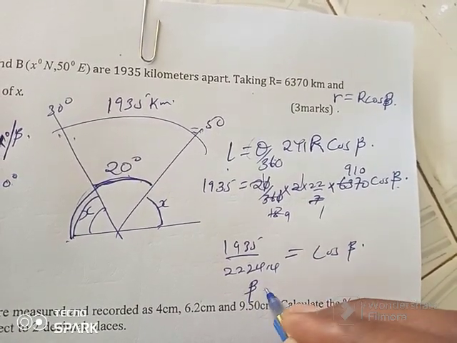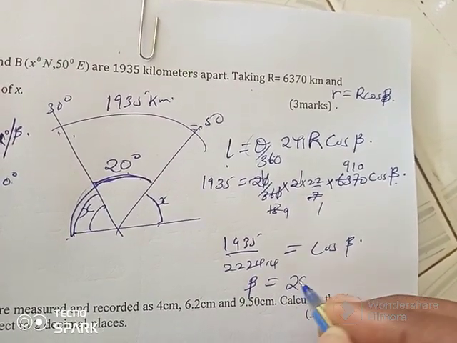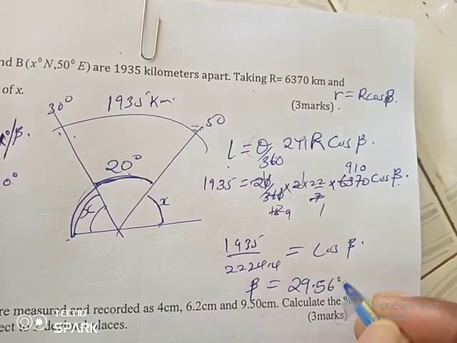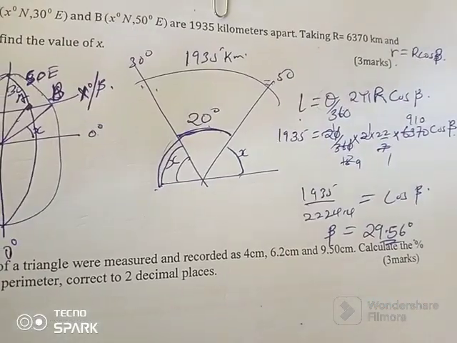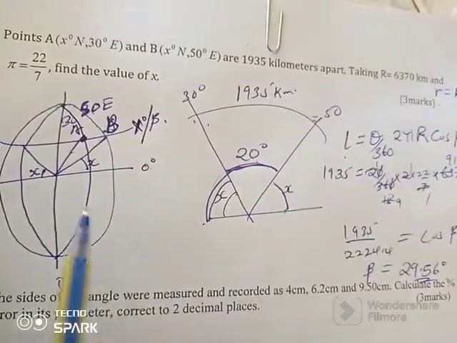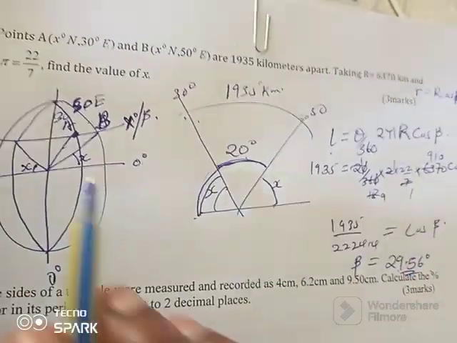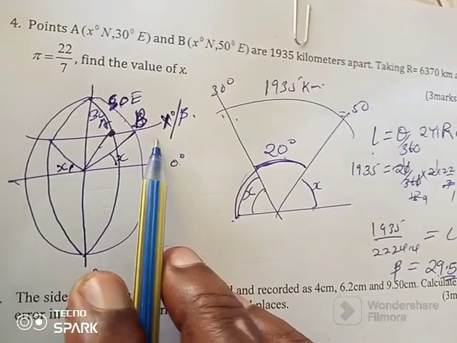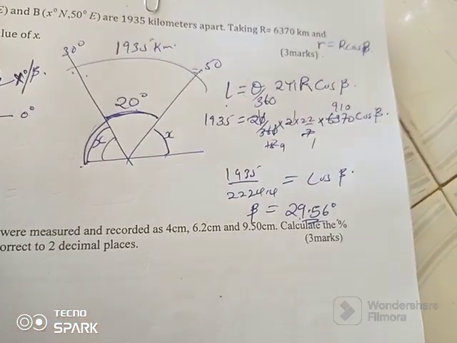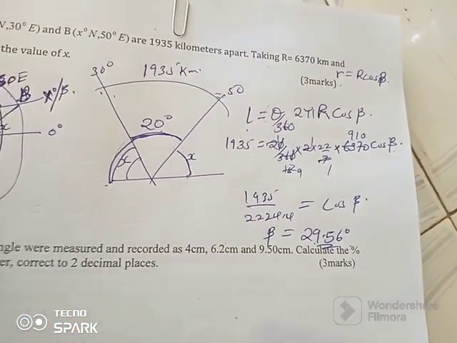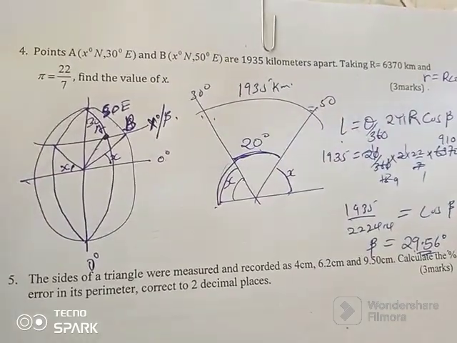So beta becomes 29 degrees. So what does it mean? The angle is 29.56 north. The latitude is 29.56 north.